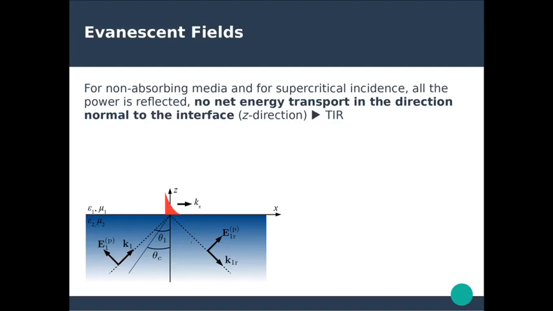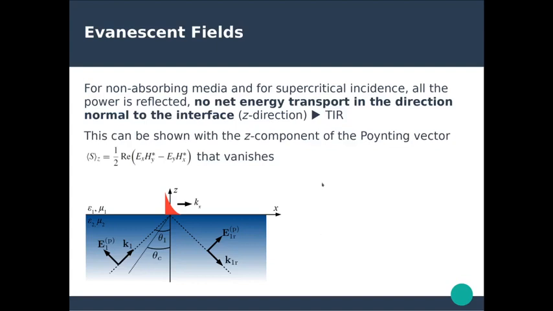So all the light is basically bouncing off this interface. If you consider a waveguide where you have one interface on one side and one interface on the other side, the light will bounce back and forth at this particular angle of incidence all the way through the optical waveguide with minimal loss.